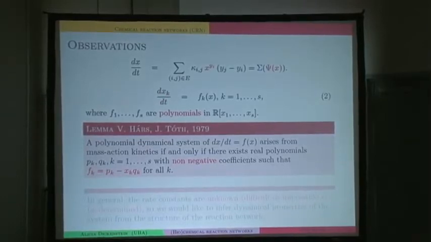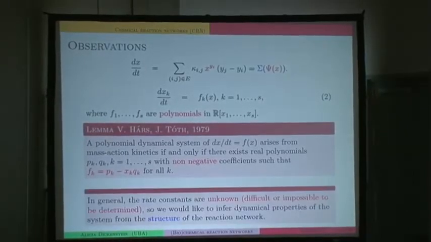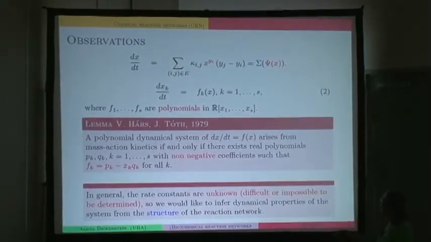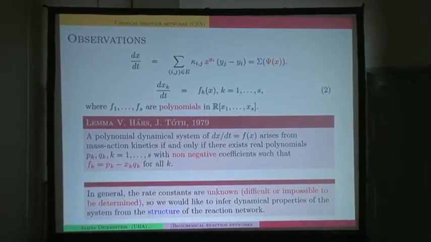There could be positive and negative terms, but those which are negative need to have an xk. So if there is a negative term, there is an xk there.